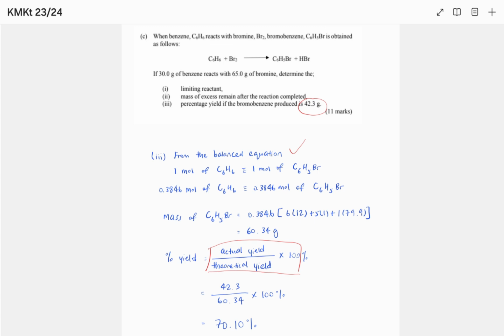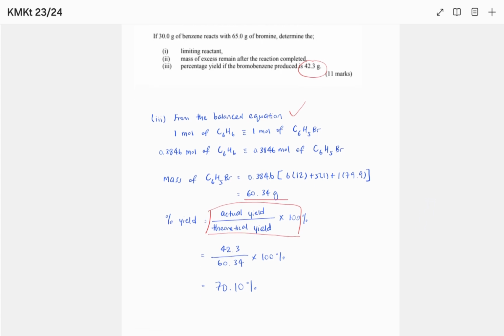So now we have the mole, and to find the mass of bromobenzene, we use the mole times the molar mass, and we will get 60.34 grams, which is our theoretical yield, and then substitute the value into the formula, and the final answer will be 7.10%. And that's the end of the question.